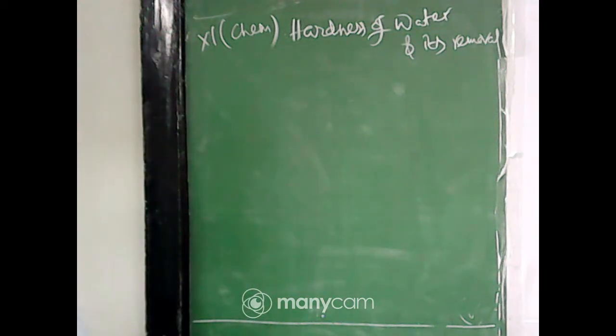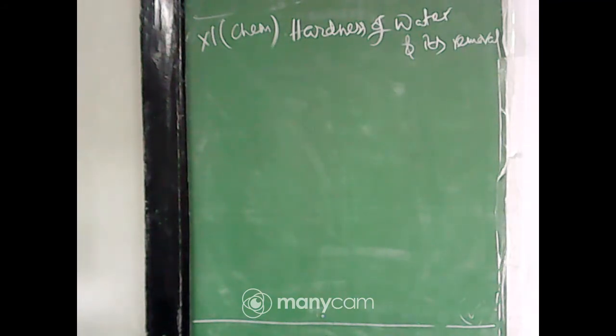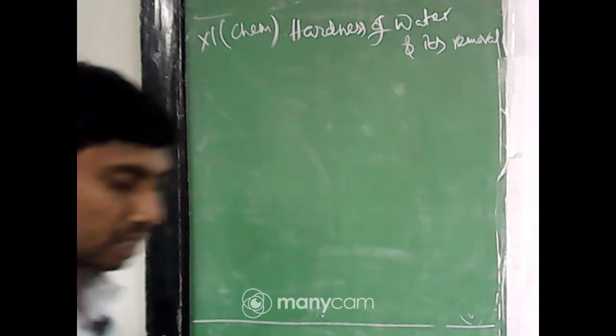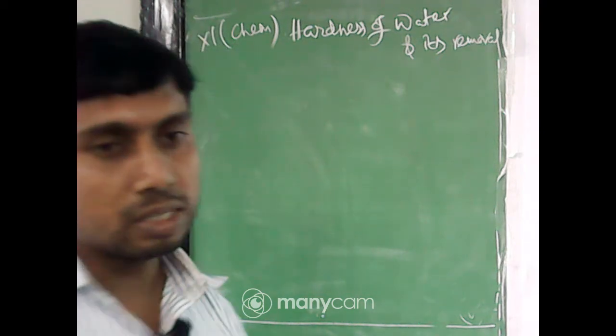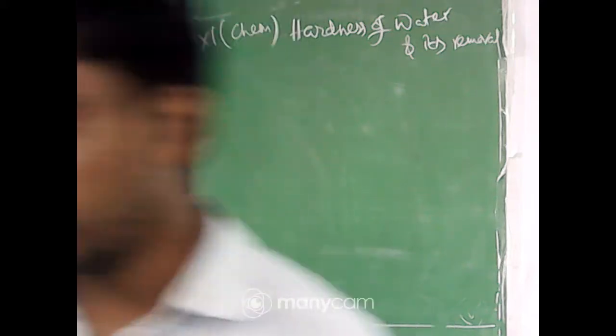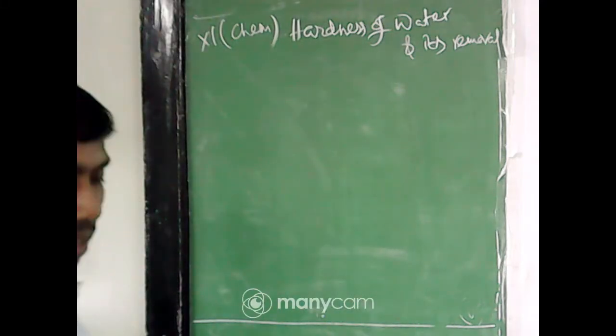So hardness is the presence of some cations and anions in a water sample, due to which the quality of the water is sometimes harmful to human beings, and for this reason it is called hard water.